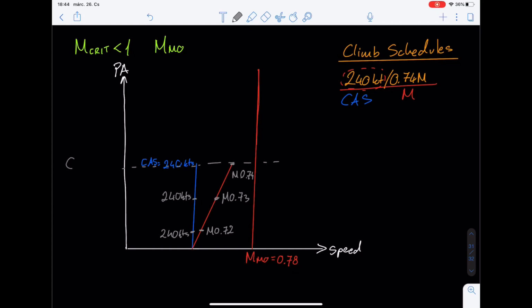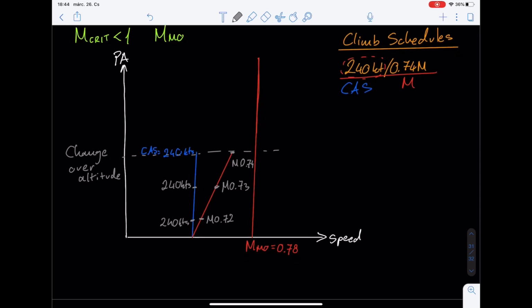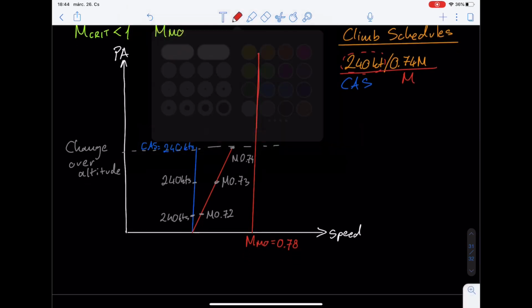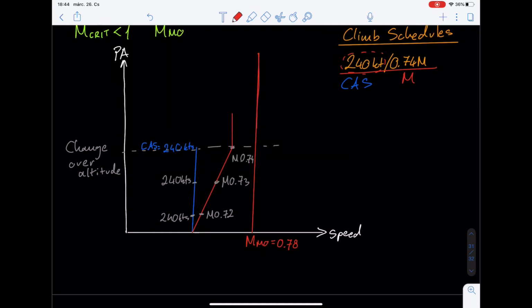This is called a changeover altitude. And from this point on, the pilot is maintaining a constant Mach number.